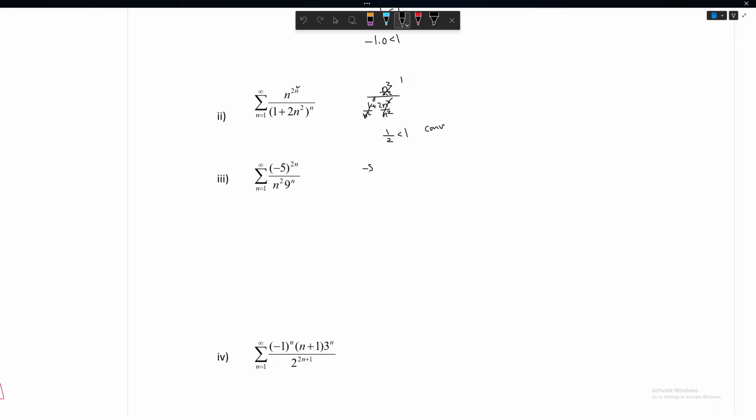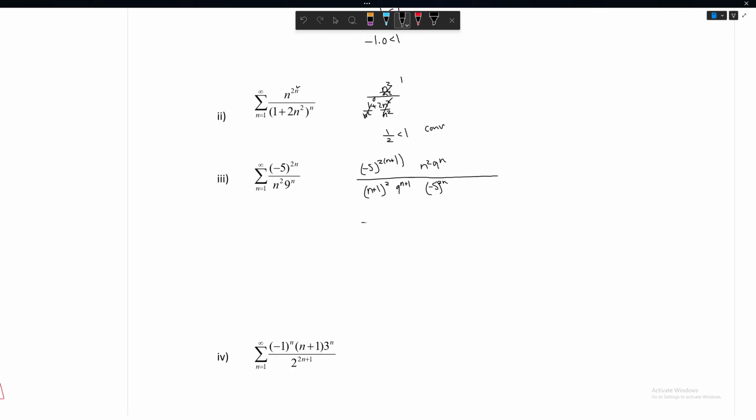And so this is negative 5, 2. Remember, this is n plus 1. Don't just do this plus 1. That's not the same. All right? Divided by (n plus 1) squared, and then 9 to the n plus 1. Remember, bring your top up, bring your top down, and now this is what we get.